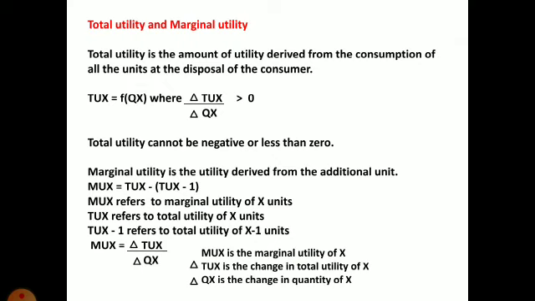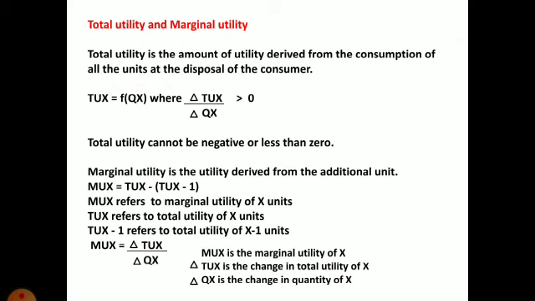Total utility is a direct function of the quantity of the commodity in consideration. Symbolically, we can write total utility of commodity X as TUx = F(Qx). That is, total utility of X is a function of the total quantity of X consumed, where delta TUx divided by delta Qx is greater than 0.